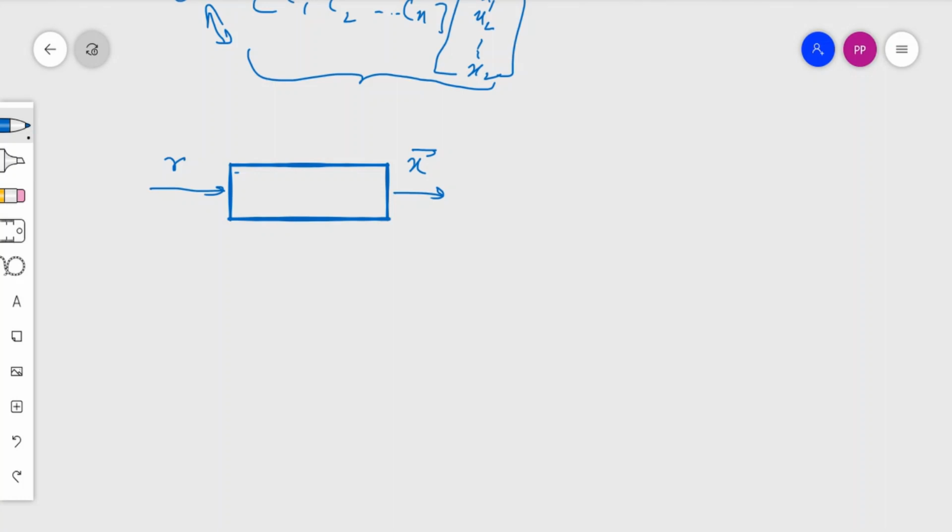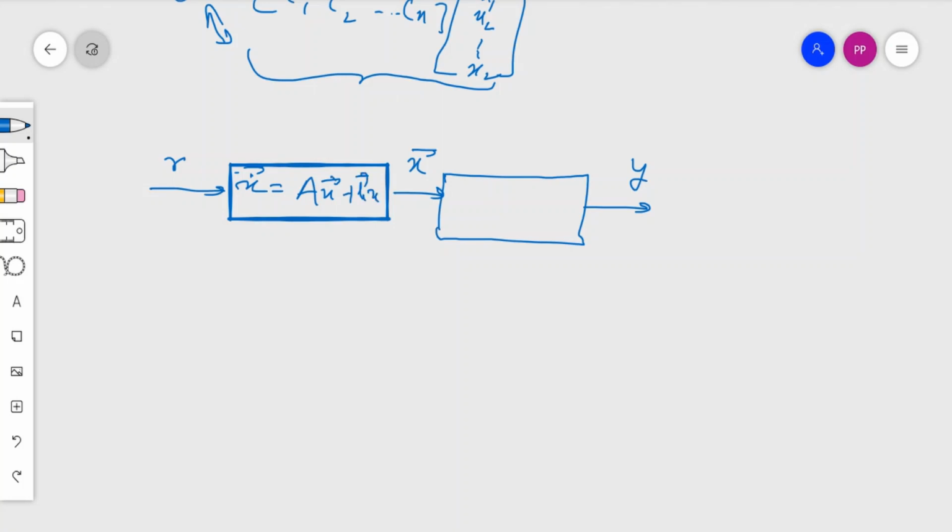Then I want y from x, so I have something over here, then I have y, this is again single output, and this x dot, this is also a vector, is equal to Ax vector plus B vector r.